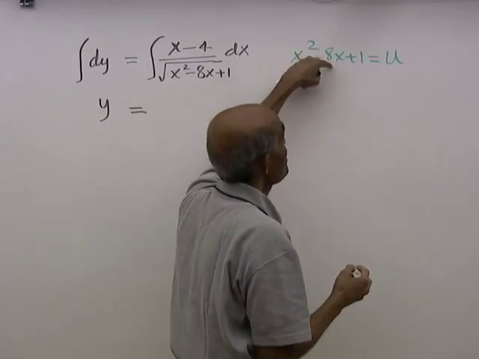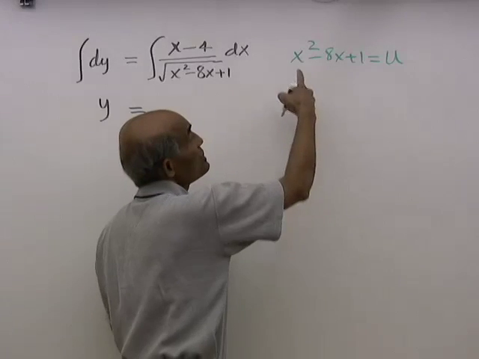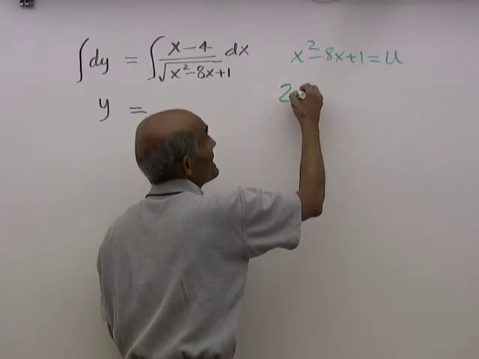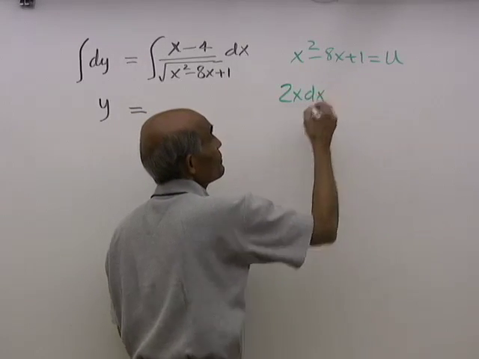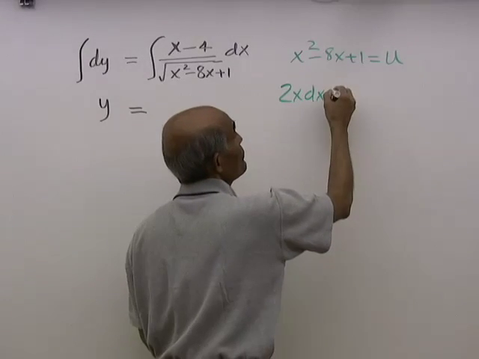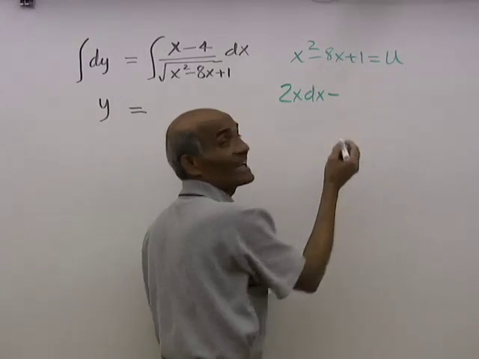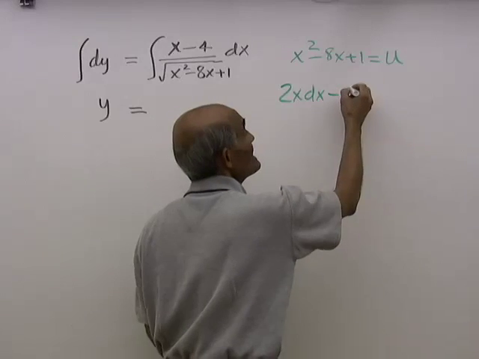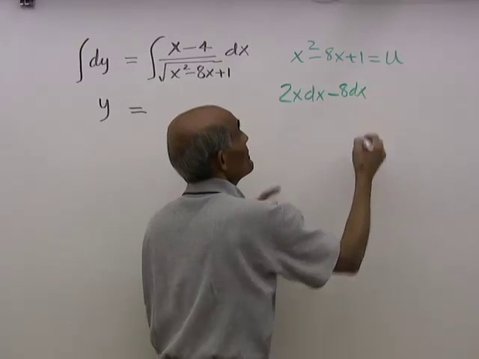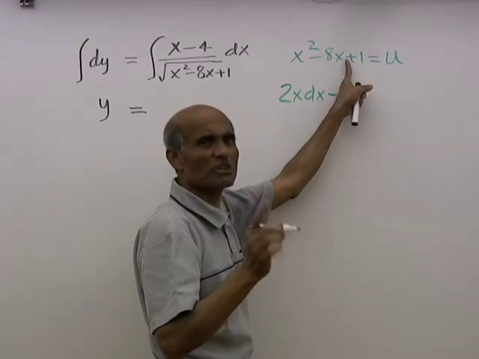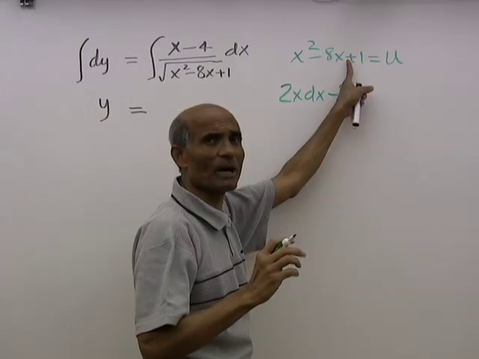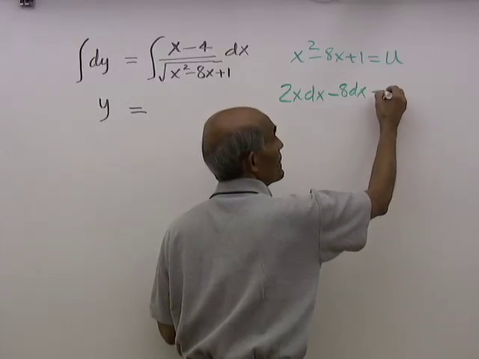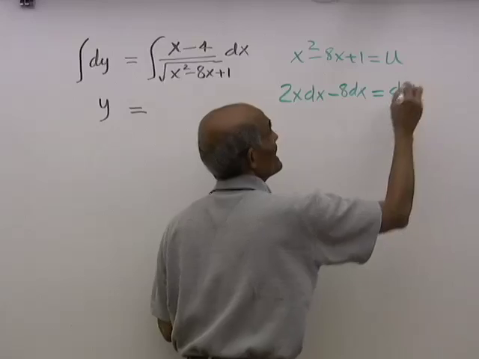Let's find the differential of each term. The differential of x squared is 2x dx, minus the differential of 8x, which is 8 dx. The differential of 1 is 0, so we don't have to worry about it, equal to the differential of u, which is du.